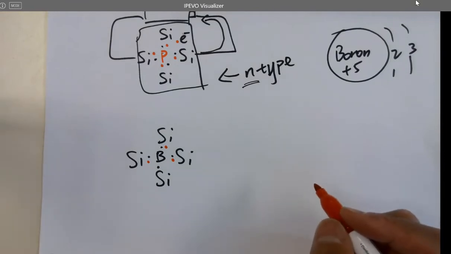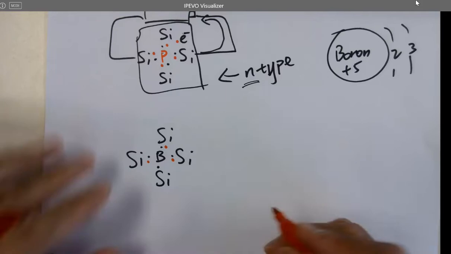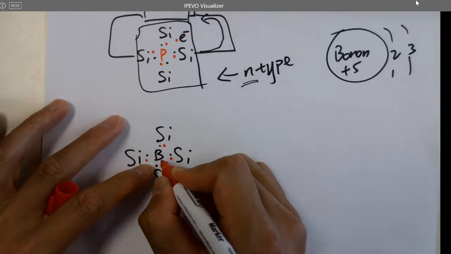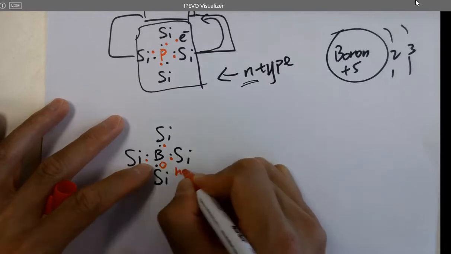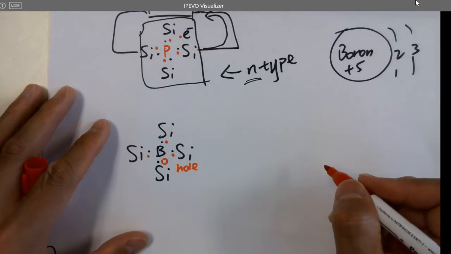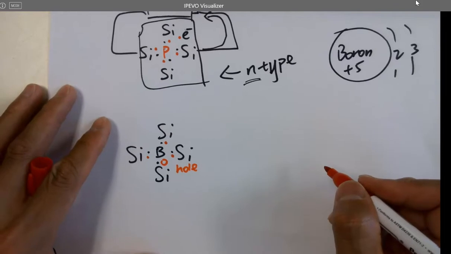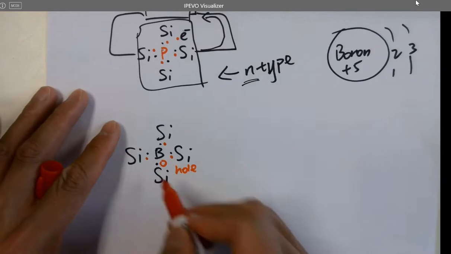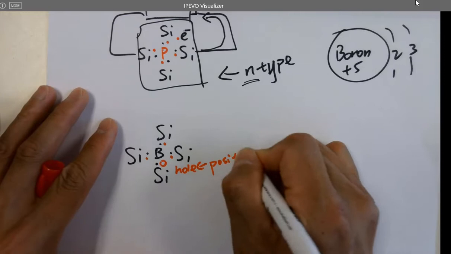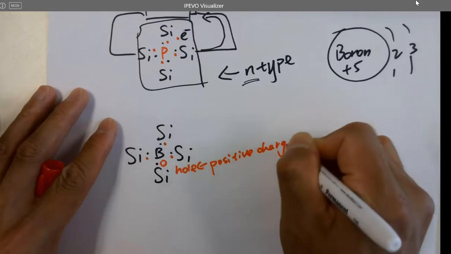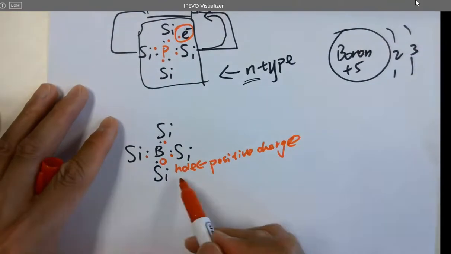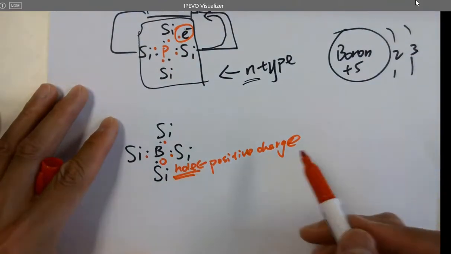It's a very interesting concept, it's in physics. There's no electron to form the bond, and we call it a hole. The hole is treated as a positive charge, and the free electron is a negative charge.